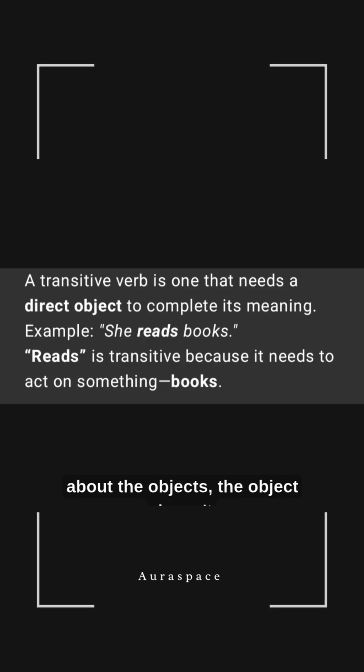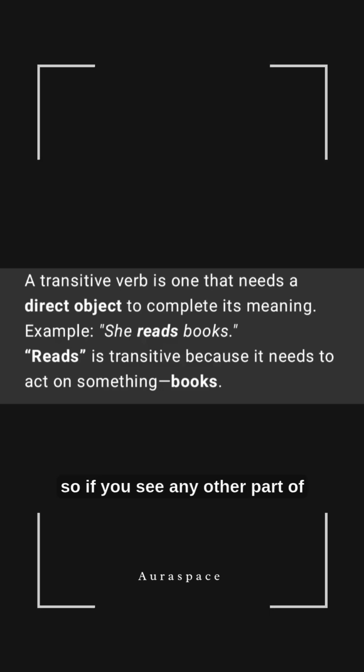When we talk about the object, it doesn't literally mean an object, but it could be a human being or an animal or a thing. And with parts of speech, the object in this sentence structure should be either a noun or a pronoun.